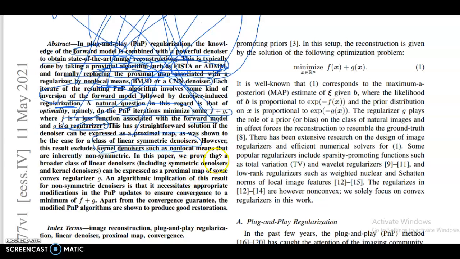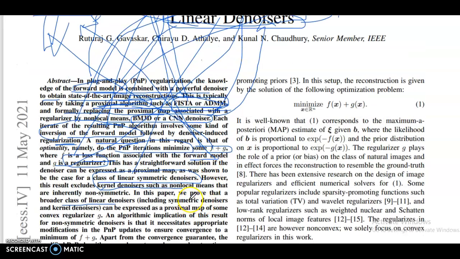In this paper, we prove that a broader class of linear denoisers, including symmetric denoisers and kernel denoisers, can be expressed as a proximal map of some convex regularizer g.